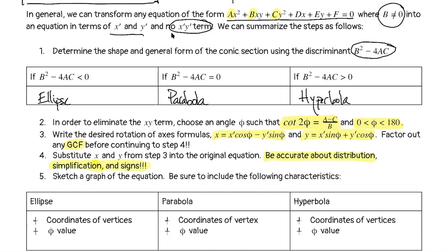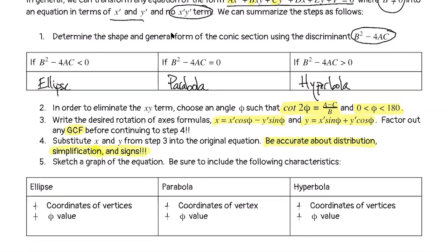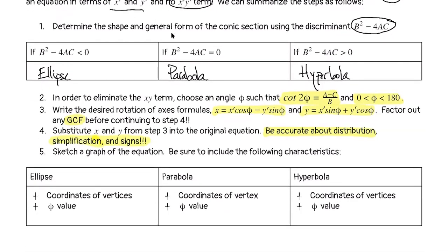And then at the end, I'd like us to sketch a graph of the equation. What I mean by that is you don't have to go all out like you did in 12.2 to 12.4. Here are a few characteristics I'm looking for in each type of graph. If it's an ellipse, I'd like to know where the vertices are and what the phi value is. So what's your angle of rotation? If it's a parabola, I'd like to know the coordinates of the vertex and your angle of rotation.